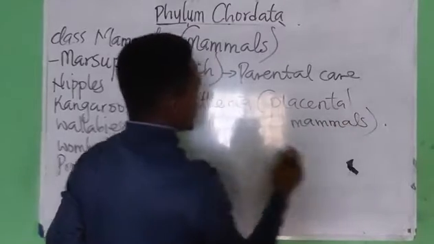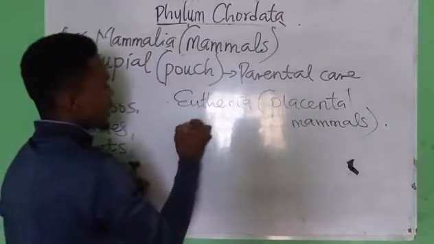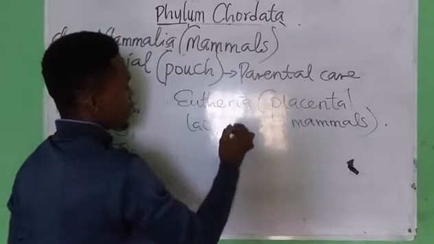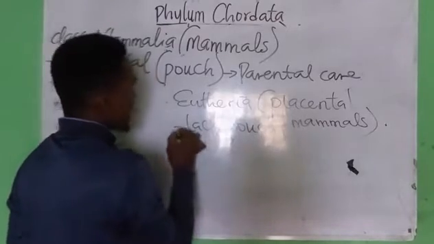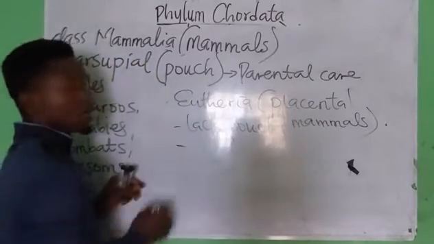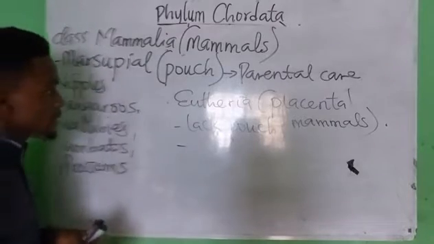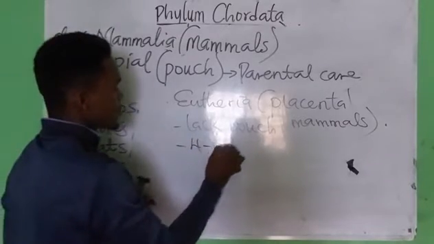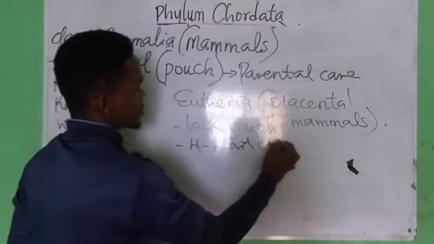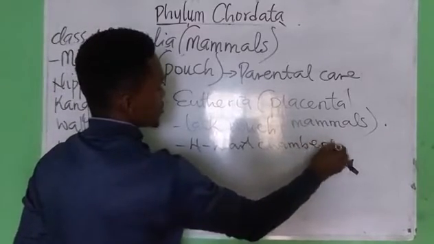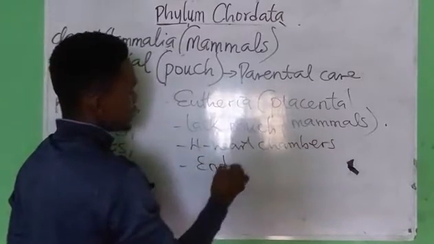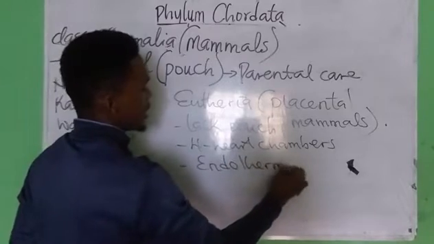All right, these mammals lack a pouch, and they have high metabolic rates, and of course they have four heart chambers. They are endotherms.